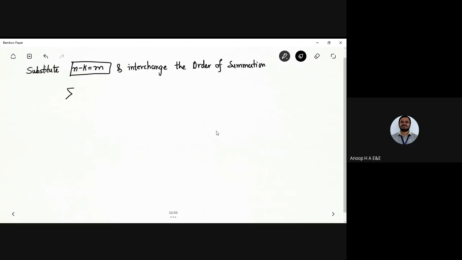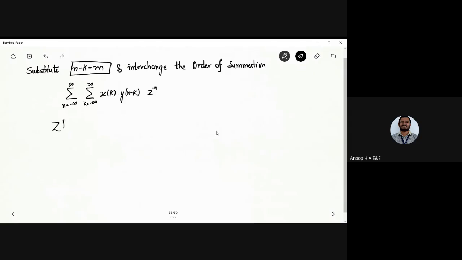So I will take n equals minus infinity to plus infinity, and sigma k equals minus infinity to plus infinity, with x of k times y of n minus k multiplied with z power minus n. Now I can interchange the summations.